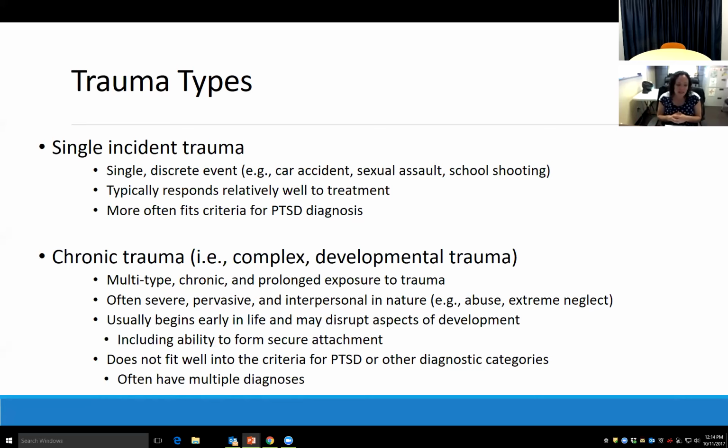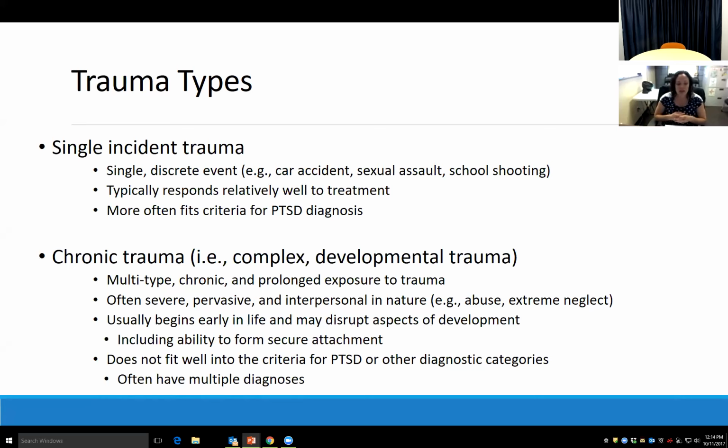Well, what we find is happening is we unfortunately don't have a diagnosis as of yet that really fits for complex developmental trauma. And there is a group of people out there who is working on developing that. They're actually right now working on a measure to assess complex developmental trauma disorder, if we could create that.